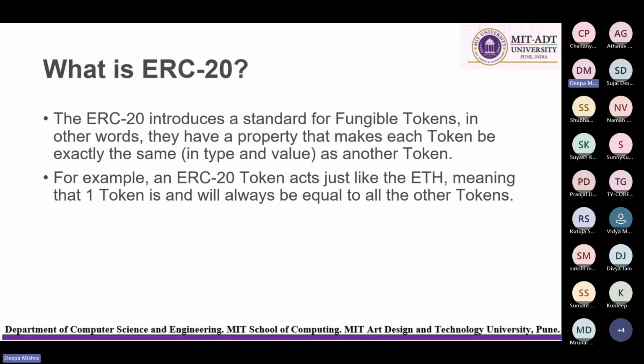Similarly, if I have 5 Ether in my wallet, I can send 1 Ether to one account, 2 Ethers to some other account, and so on. Whereas if I have a painting stored as NFT, I cannot break down the painting into smaller denominations and send it to different addresses. So that is the major difference between a fungible token and a non-fungible token. So ERC20 is a standard for fungible token.